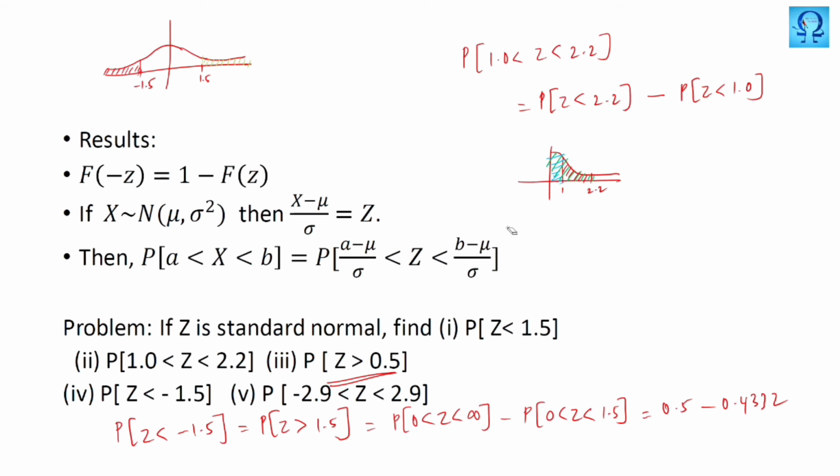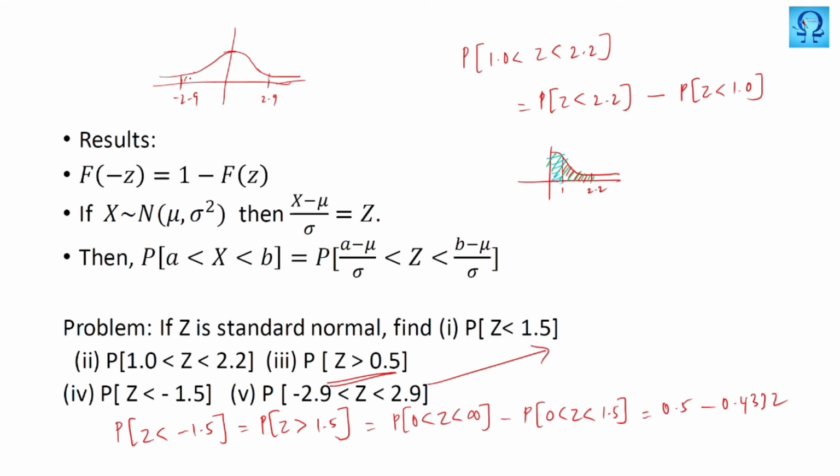And for this last case, the probability of lying between this and this, supposing, we will have something of this form. So minus 2.9 would be here and 2.9 would be here.